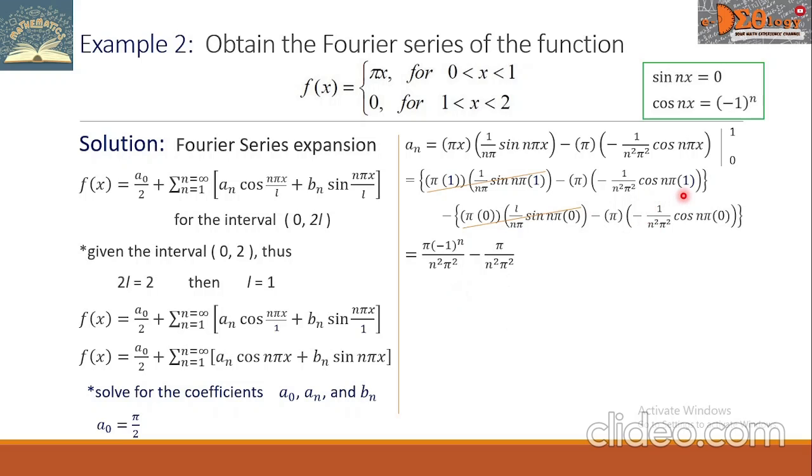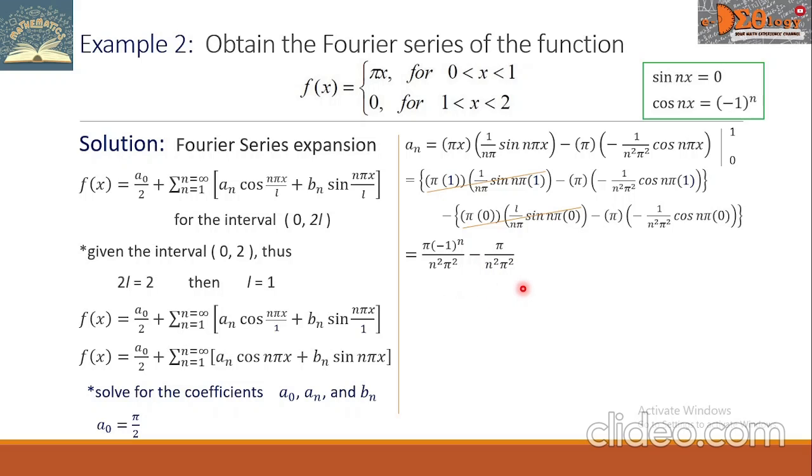For the cosine n pi, it becomes this negative 1 that is raised to power n. And this cosine of n pi times 0 is cosine 0. Cosine 0 is 1, and that means we will just copy this part of the group, and we write it here. That is negative pi over n square pi square.